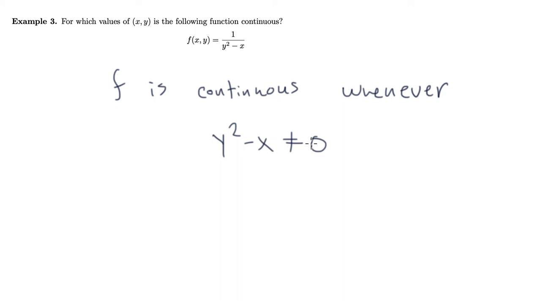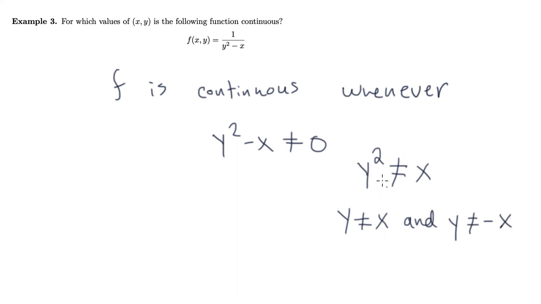It's not like saying, okay, x doesn't equal 5 or x doesn't equal 3. It's saying that y squared minus x can't equal 0. Another way to say this is that y squared can't equal x. Or if we want to think about this as y as a function of x, y cannot be square root of x and y cannot be minus square root of x, just taking the square root of that non-equality.